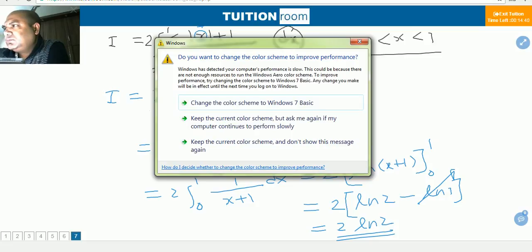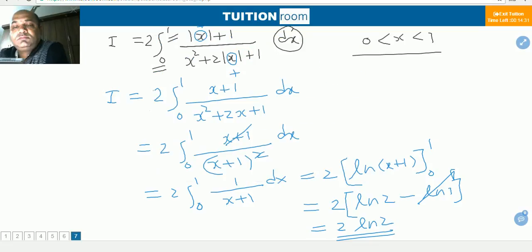I am writing the complete question. Let f be a continuous function given by f(x + y) = f(x) + f(y) for all x, y belonging to real numbers.